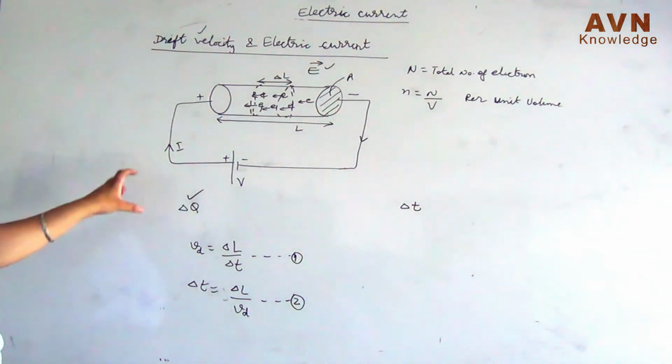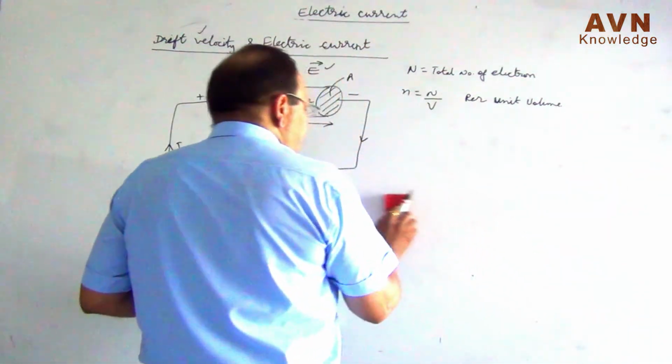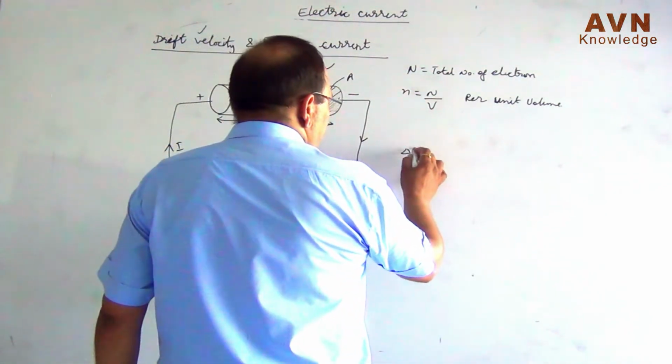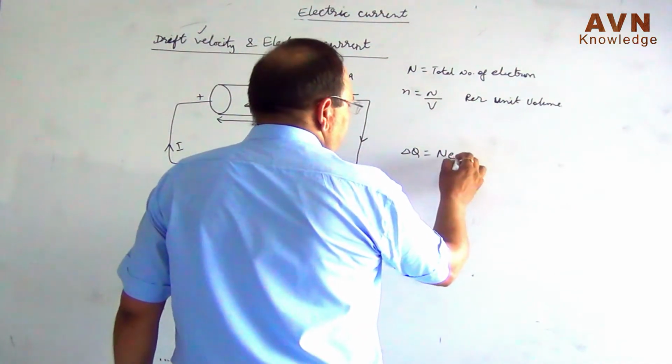Then we calculate delta Q. What is delta Q? By the property of charge, delta Q equals N into e.